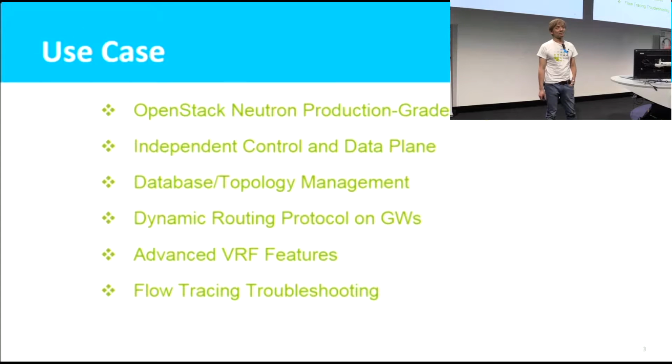Midonet provides routing protocols, gateway and BGP, and VXLAN. For network management purposes, we have a flow tracing feature where you can simulate the flow on the fly from the Horizon control panel and see why a packet doesn't reach the target VM. Those are the use cases for this particular PoC.